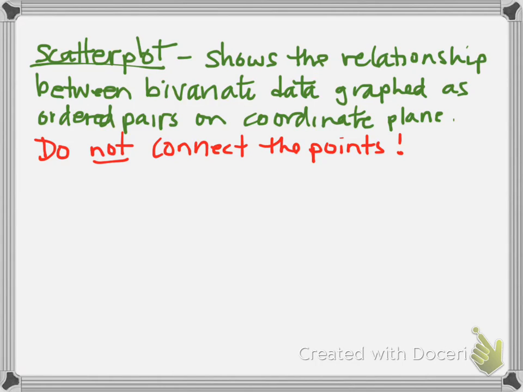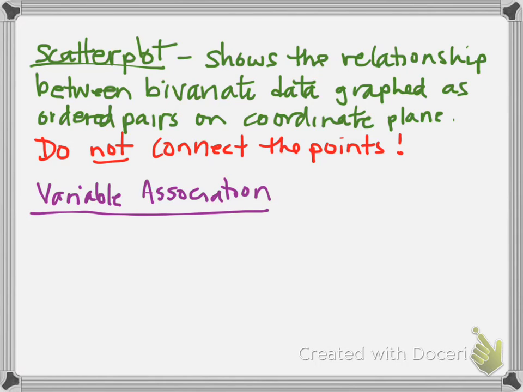So the first type of relationship that could exist is called a variable association. When I plot the two variable information, is there some relationship that exists? So I'm going to draw 3 diagrams, and we're going to go back and label them.